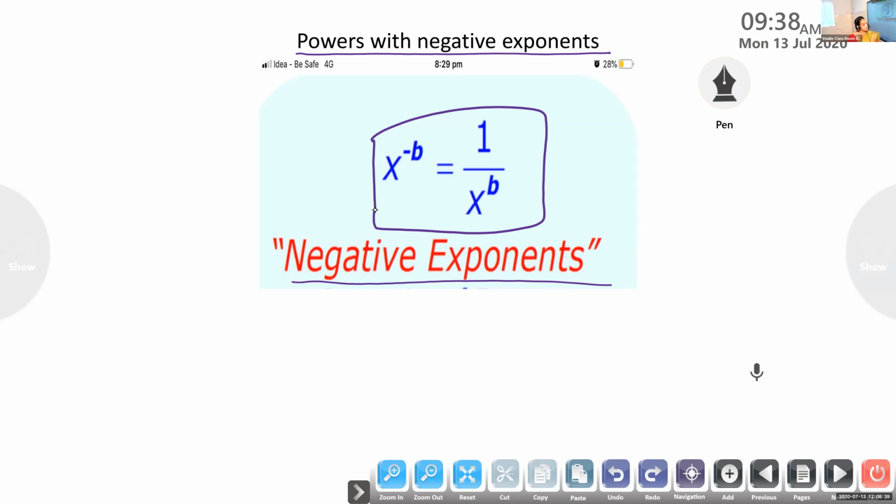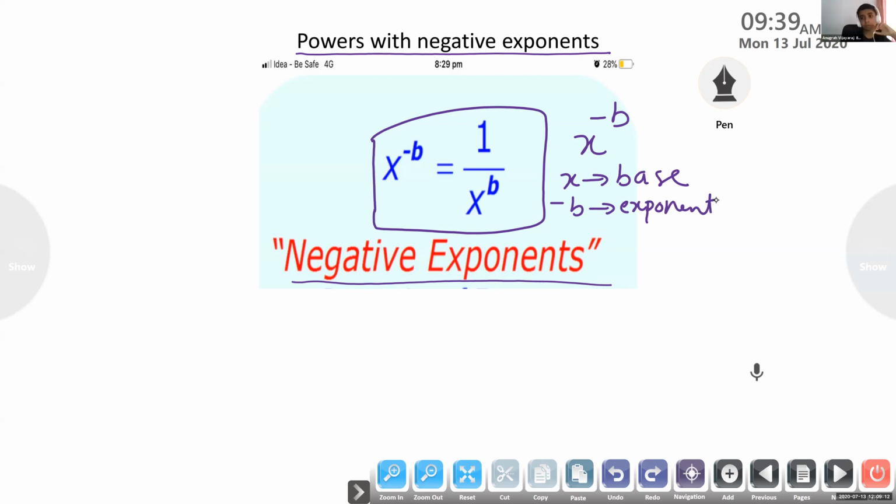Here, Anugrav, in x raised to b, which is base and which is exponent? X is the base and negative b is the exponent, isn't it?